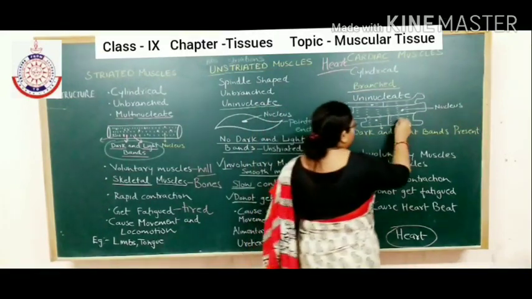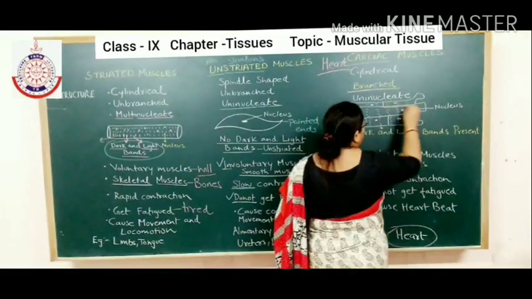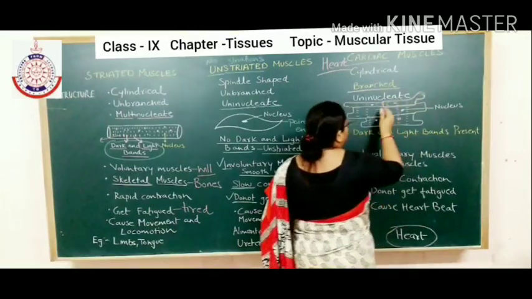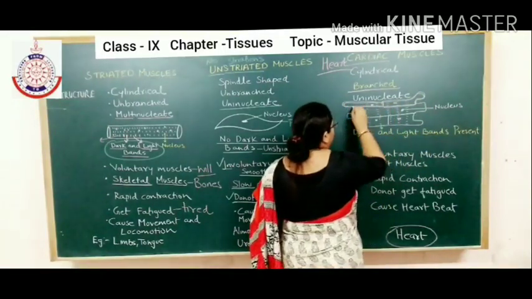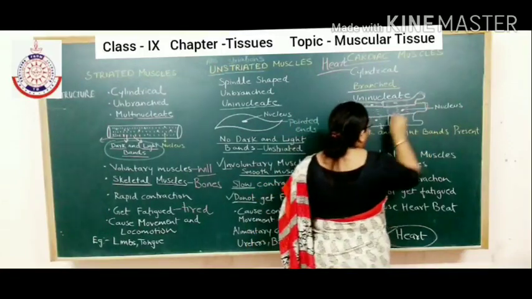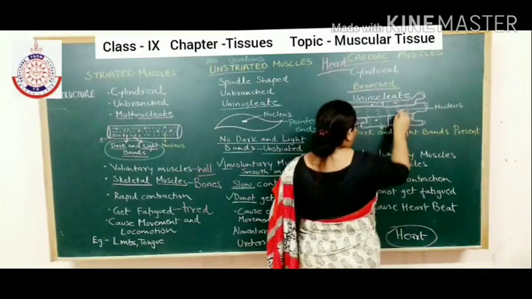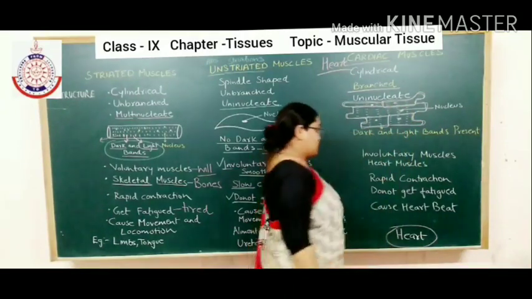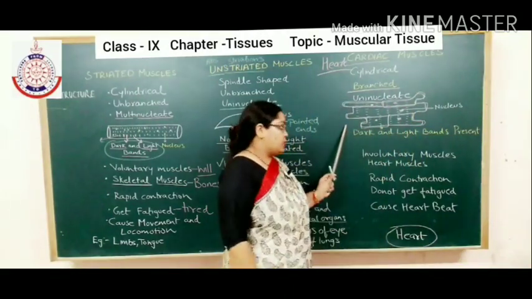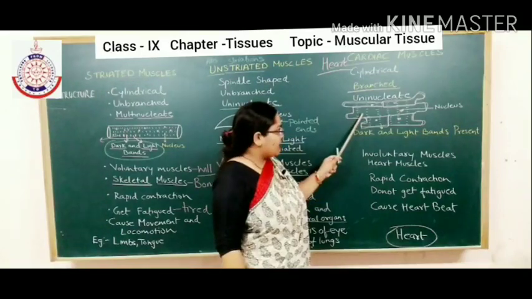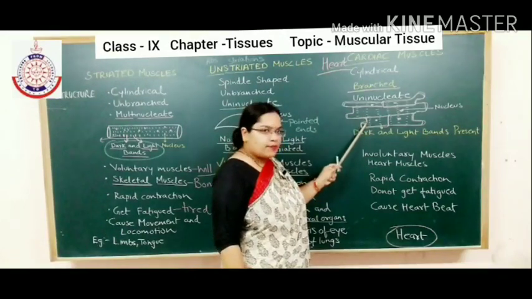Only one nucleus is present. This is one cardiac muscle, this is the second, third, fourth, fifth, and all of them have only one nucleus. So cardiac muscles are uninucleate. You can see again dark and light bands are present.